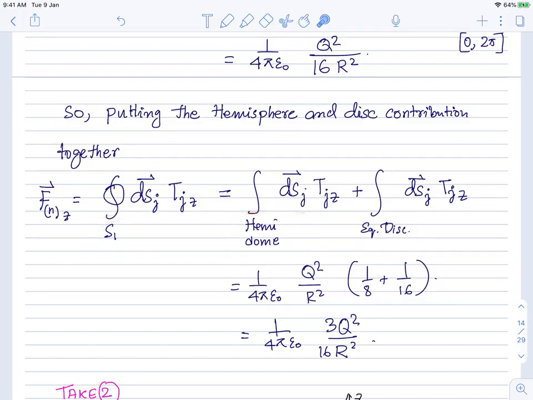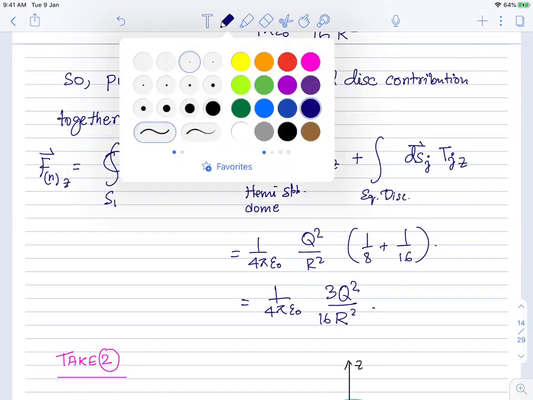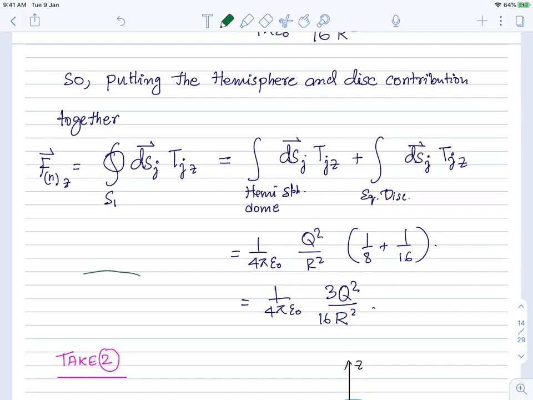Now this S1, as we saw, had two pieces to it. There's a hemispherical dome, and then there's this equatorial disk. This surface S1, if you remember, has two parts.